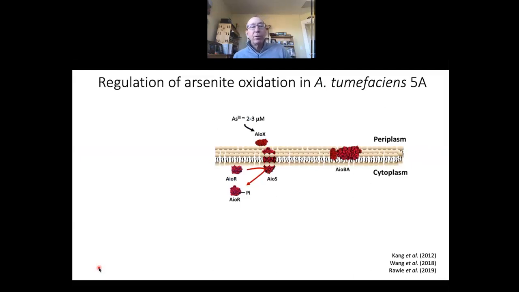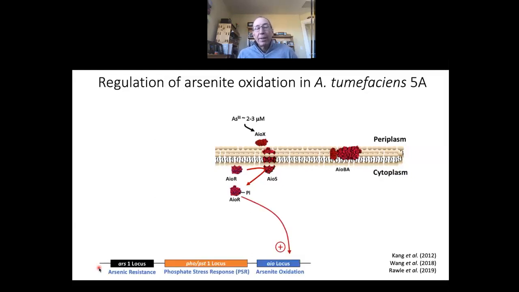So let's look a little more deeply into the genes involved with this and the protein pathways. If we look at the regulation of arsenite oxidation in Agrobacterium, what we see is we have AioX, which is a gene that essentially recognizes arsenite, and that leads to a cellular signal transduction, which then signals the arsenite oxidation genes to turn on.